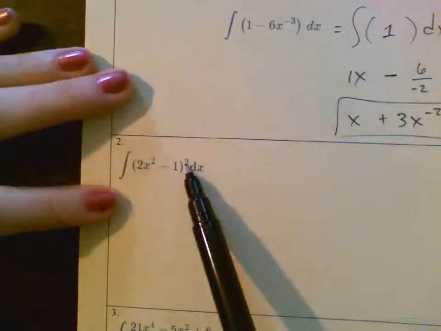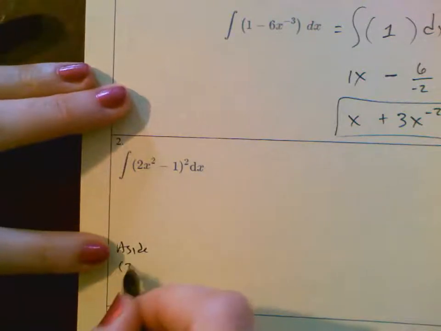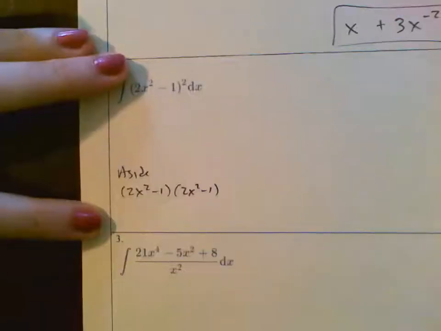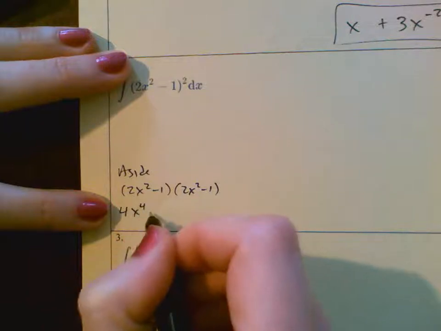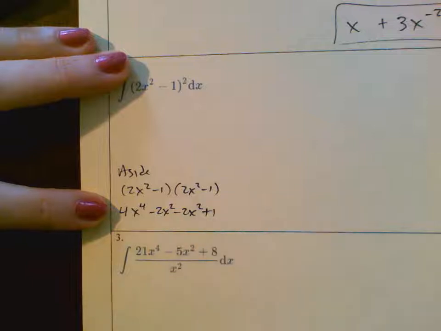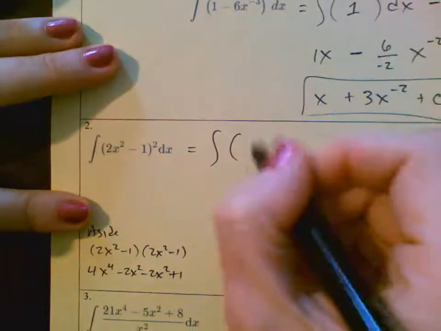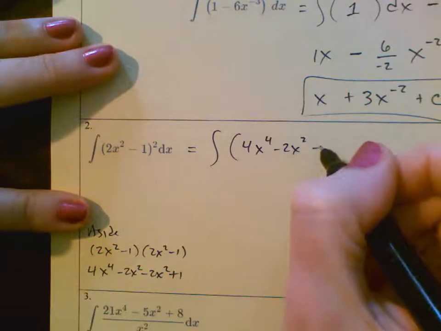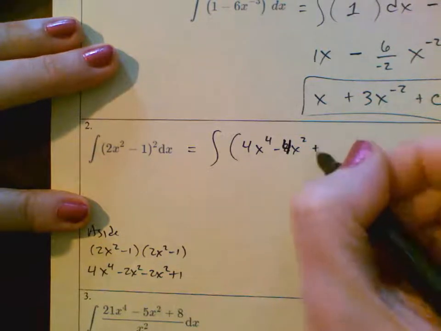So what we can do is expand this. 2x squared minus 1, 2x squared minus 1. So this is 4x to the 4th minus 2x plus 1. So this is really the integral or the antiderivative of 4x to the 4th.